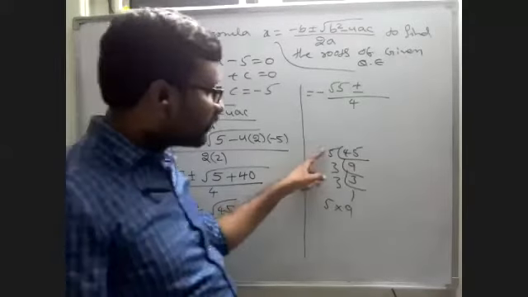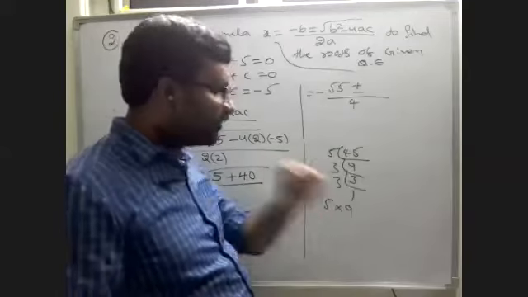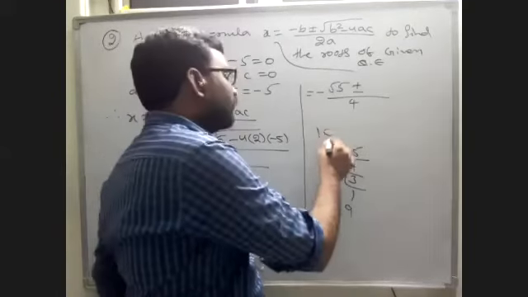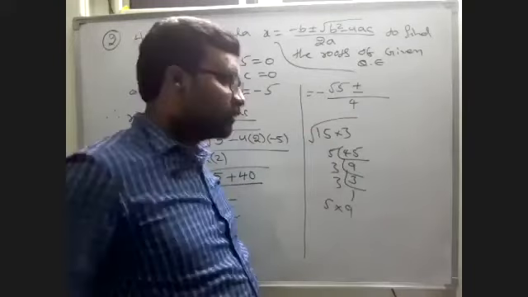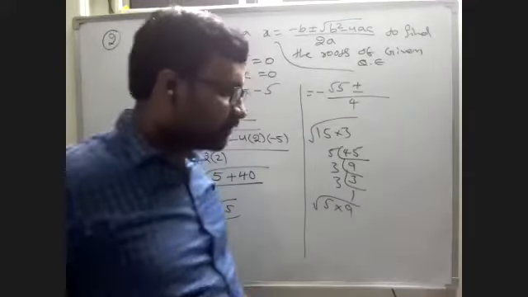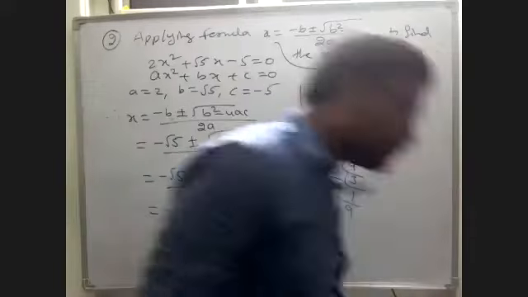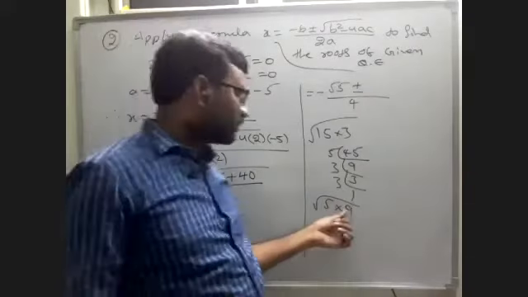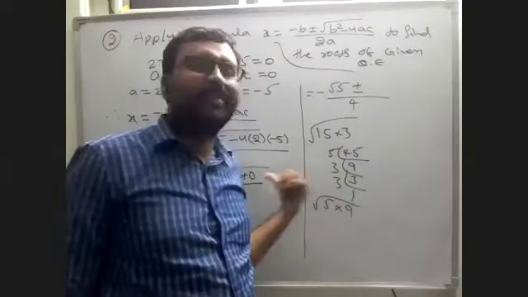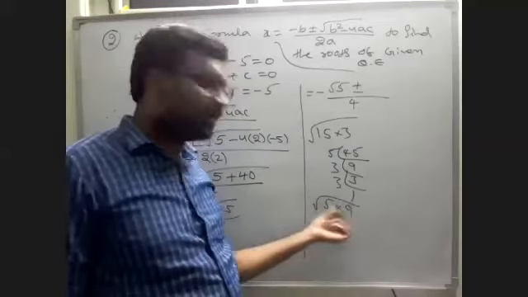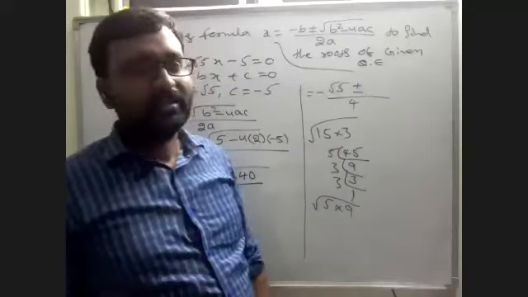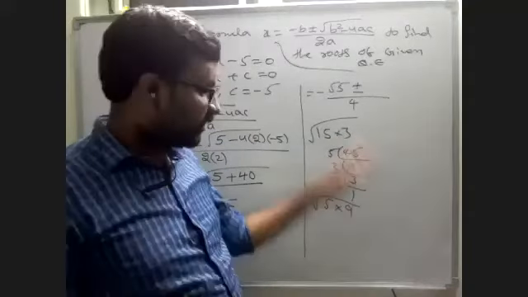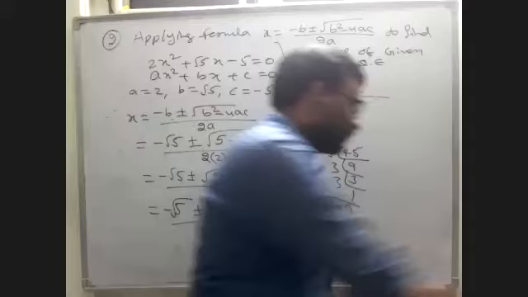Why are we not writing 15 into 3? We can write 15 into 3 also. But root over 15 into 3 has no use. But root over 5 into 9 has a use. Why? Because we can write root 9 as 3. But we can't write root 15 as something, root 3 as something. That's why we can write 5 into 9.